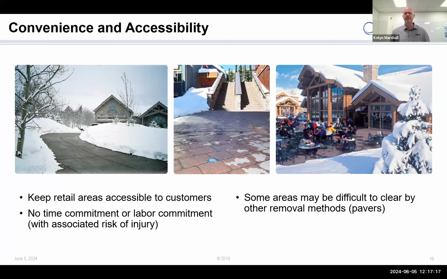And that is not a convenience. So snowmelt systems are automatic. They can be turned on remotely or automatically through sensors to start melting snow.